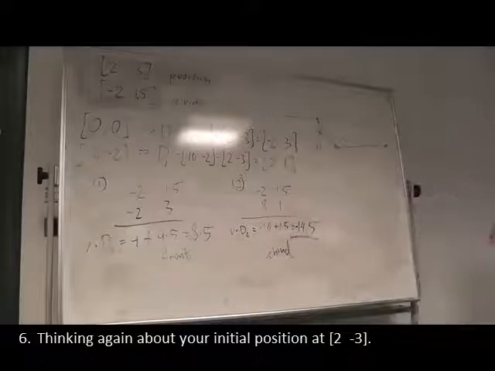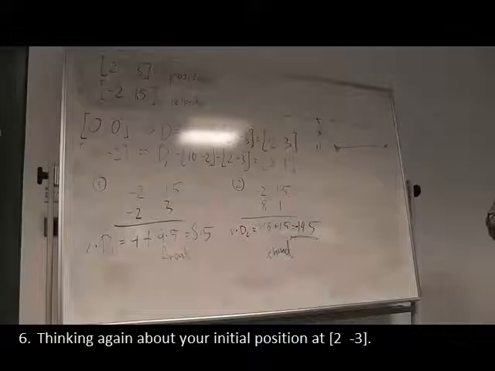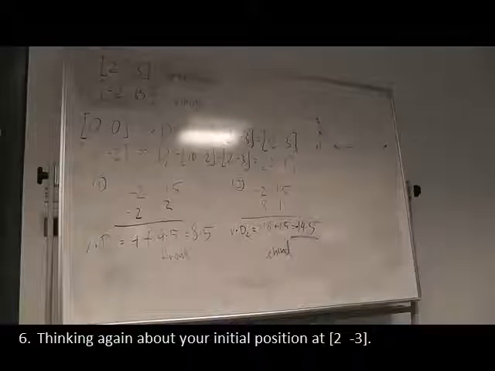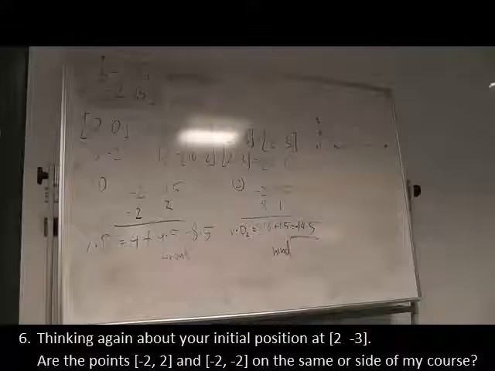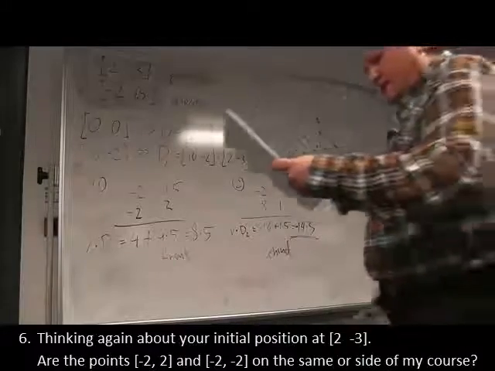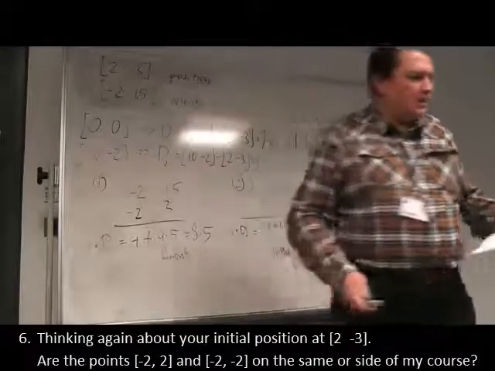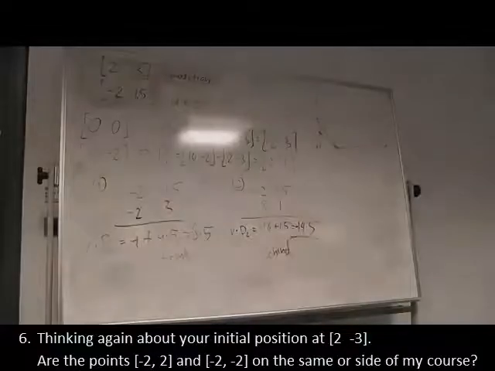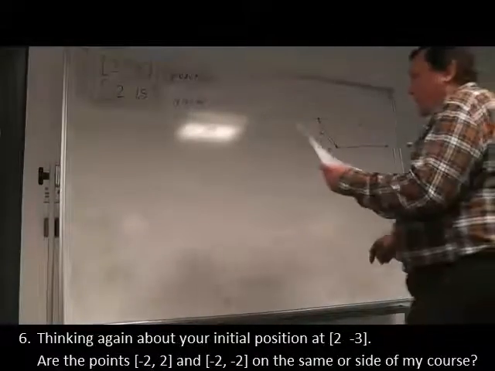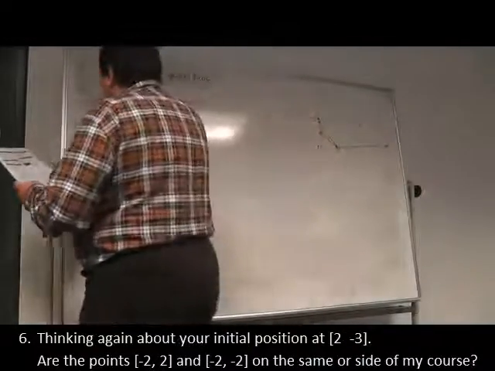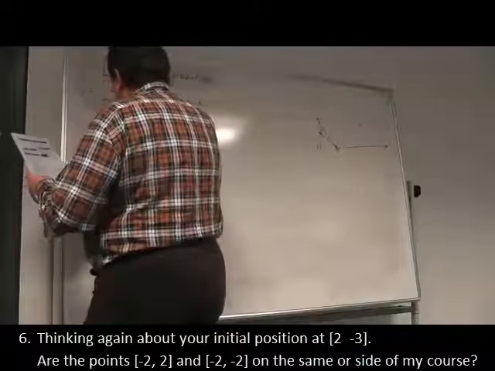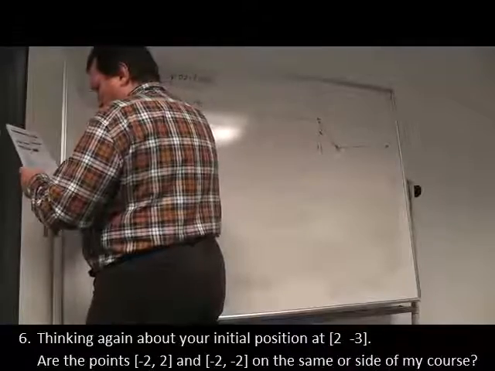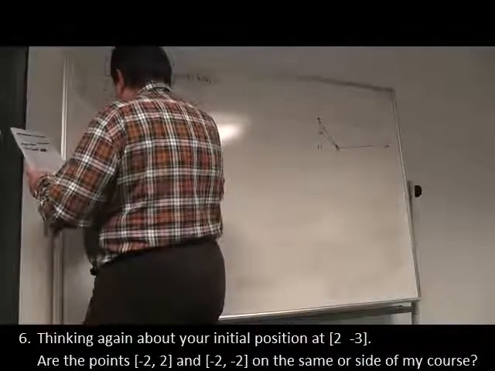That's just half of the question, because the second half asks: are the points minus 2, 2 and minus 2, minus 2 on the same or on different sides of my course? The coordinates of the other two points: this is the point minus 2, 2, and the other point is minus 2, minus 2.